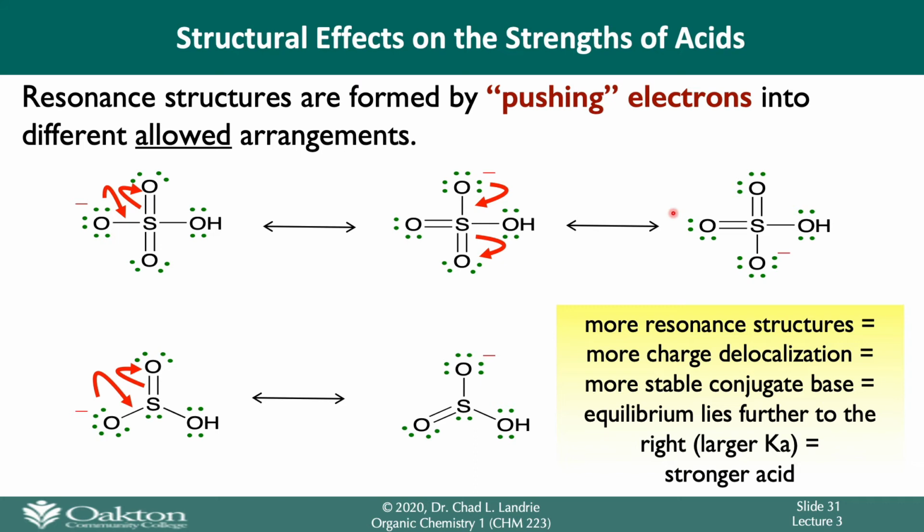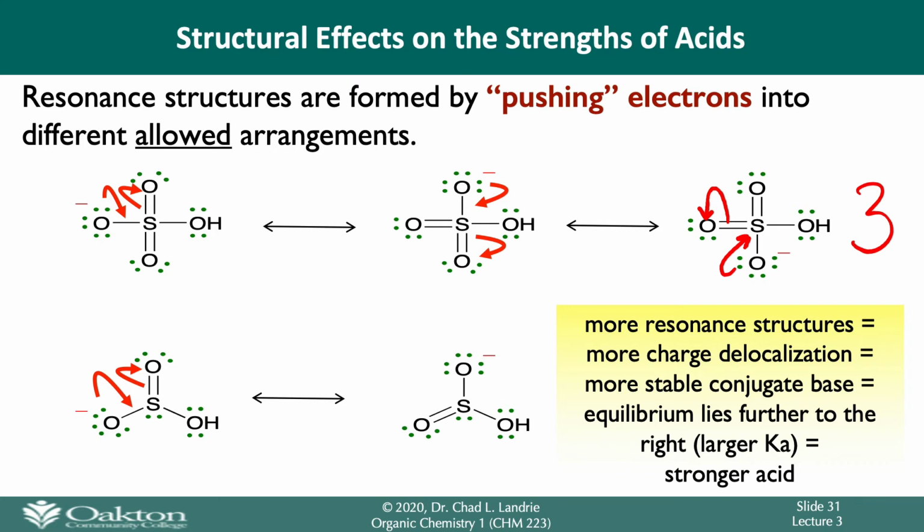And you might imagine doing the same on the bottom, right? If you use this pair of electrons to form a double bond to that sulfur, you might then push these electrons out to oxygen, and that gets you back to the very first resonance structure. Okay, so I would say that there are 3 major contributing resonance structures for the conjugate base of sulfuric acid.